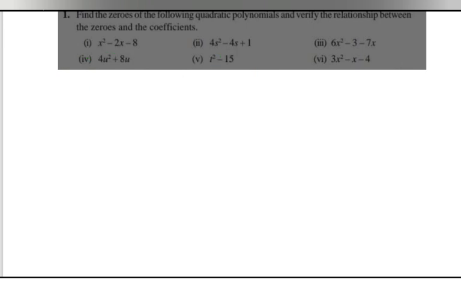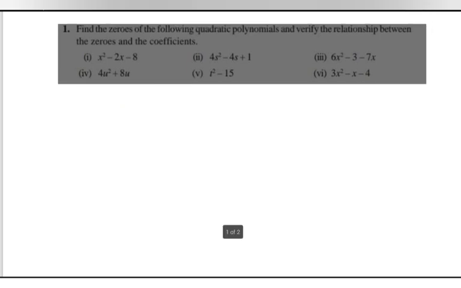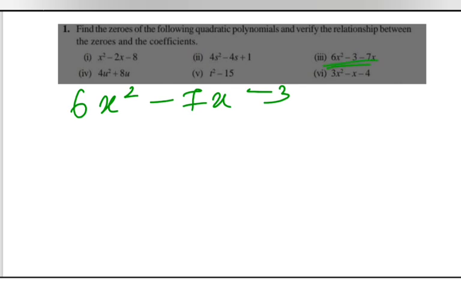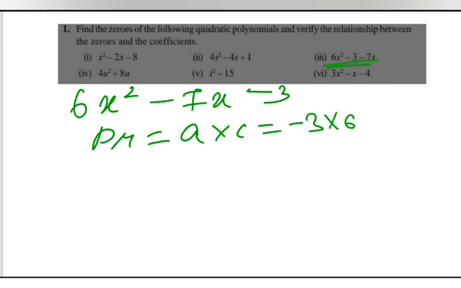So let's change it: 6x square minus 7x minus 3. I'm just changing the order. Now it is possible to find the zeros. For finding zeros, first the product, that is A into C, that is minus 3 into 6, which is equal to minus 18.